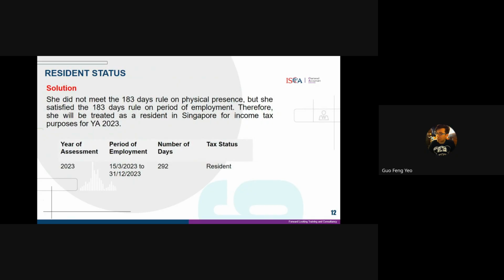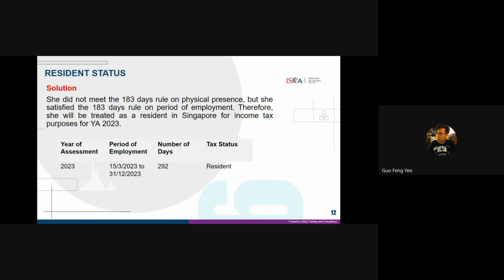Now, the suggested solution. We analyzed two factors as mentioned previously. One, the number of days physically present in Singapore. Two, the number of days of employment exercised in Singapore. As you can see, Alice did not meet the 183-day rule based on her physical presence in Singapore.